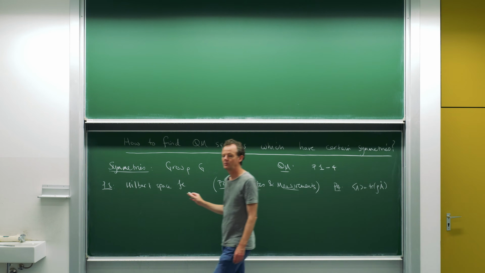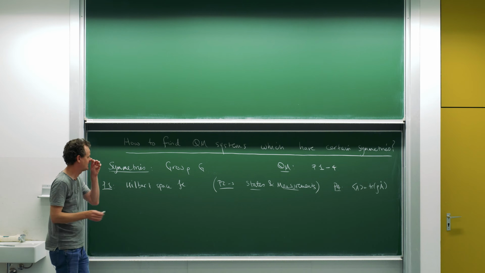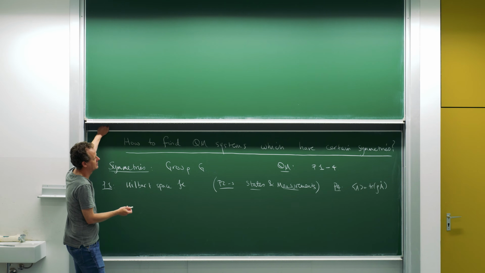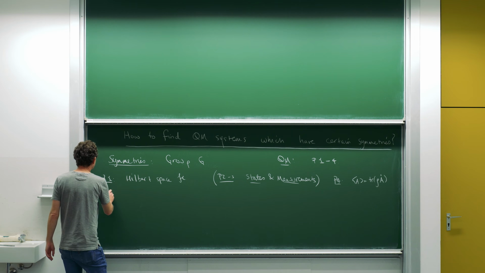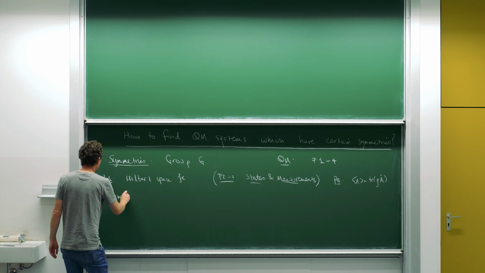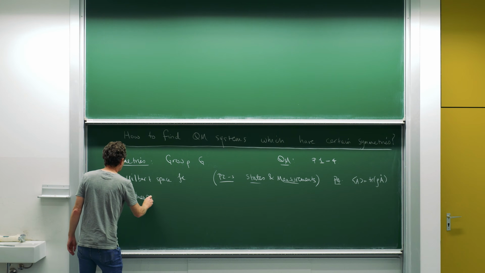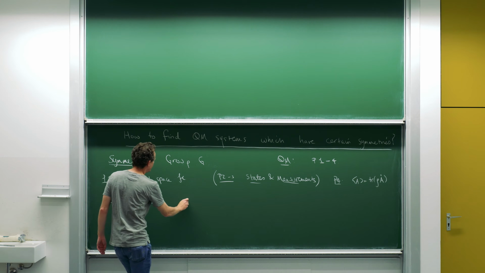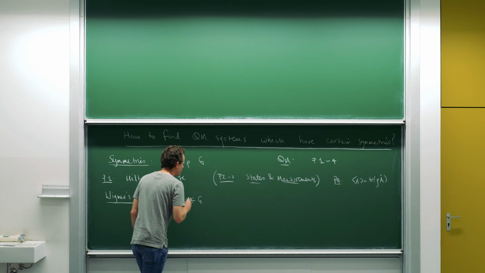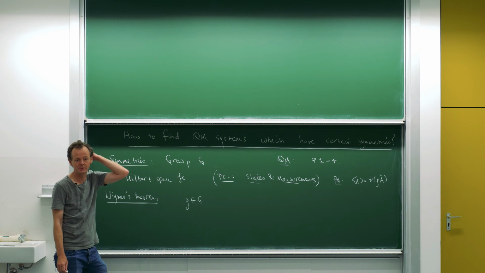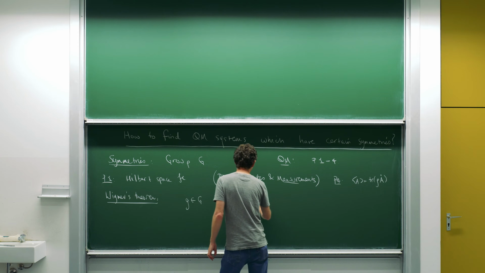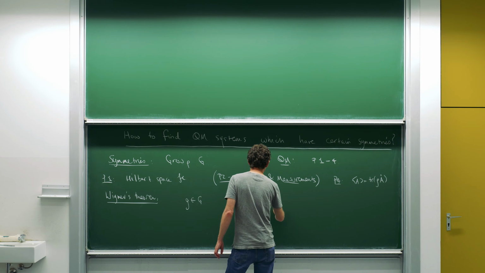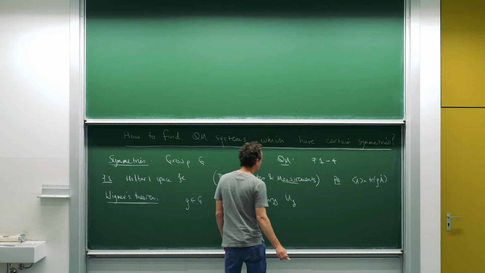We would want, however, to have that, it's not a postulate anymore, it's a consequence of Wigner's theorem. We would want that every element in the group, every symmetry transformation that we want to act on our quantum mechanical system, has a corresponding unitary U_G.